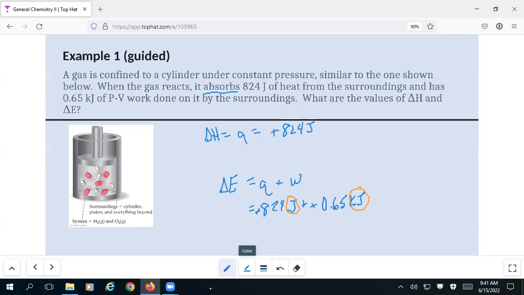So that's what I'm going to do. You could easily go the other way though. 824 joules plus 650 joules gives us a delta E value of 1474 joules.